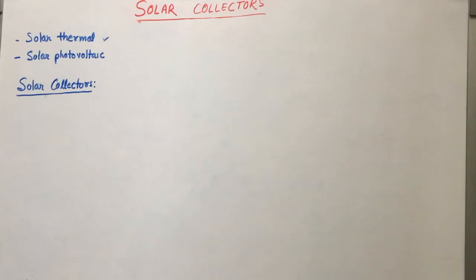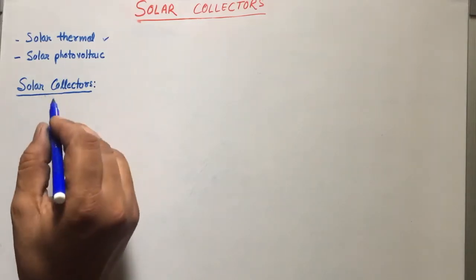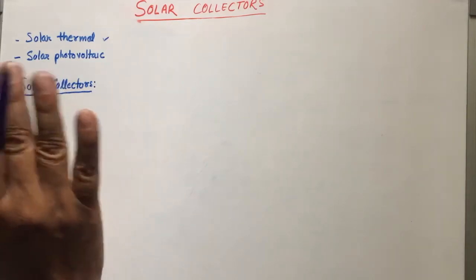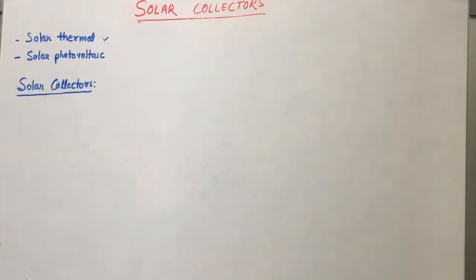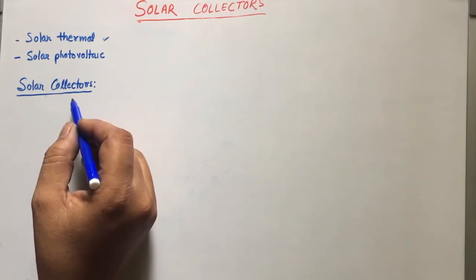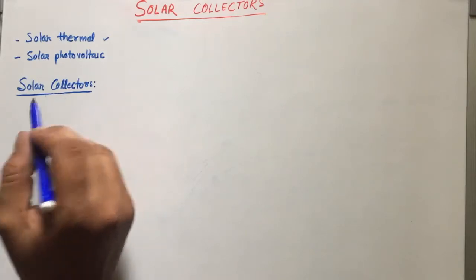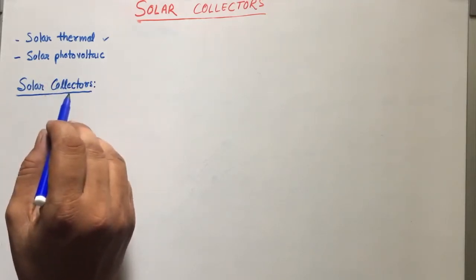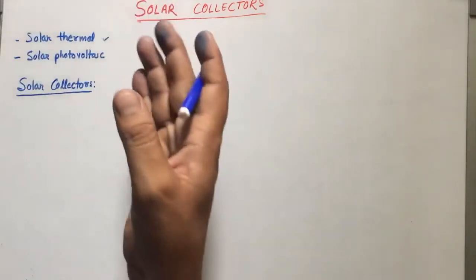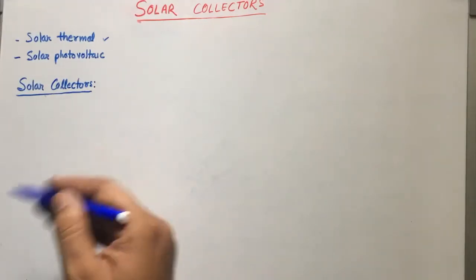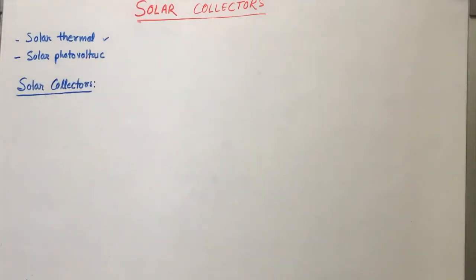So keeping this in our mind, we will continue our study. Solar collectors directly collect the radiations heat. After collecting the heat, it transfers that heat to the fluid, and the heat transport fluid delivers this heat to a thermal storage tank or boiler or heat exchanger or any other way to utilize and to store it.